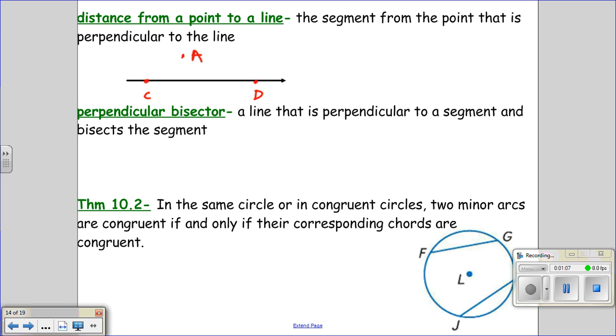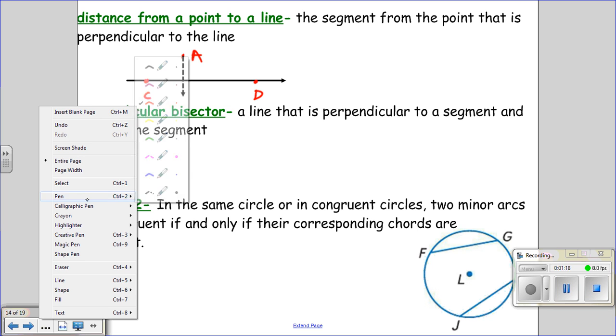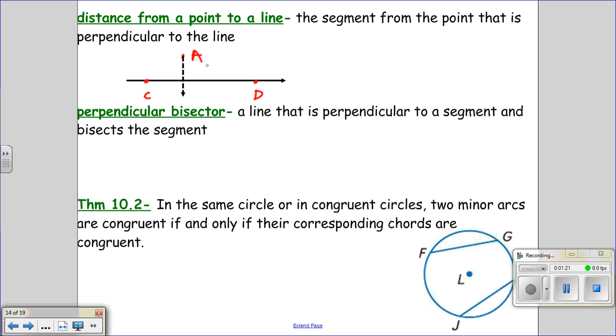That would connect A to CD, and it would pass at a specific point. Let's say it's B, and it'll be perpendicular to that line. So again, the distance from point A to line CD is a segment that is perpendicular.